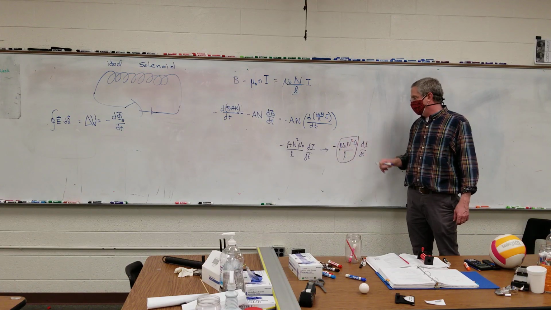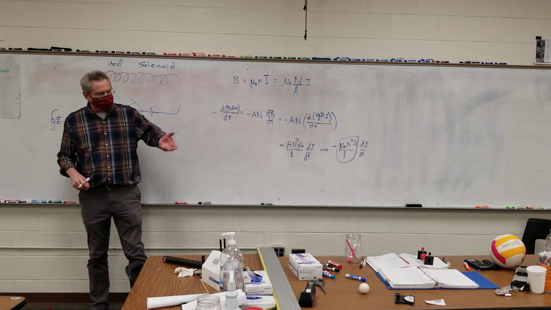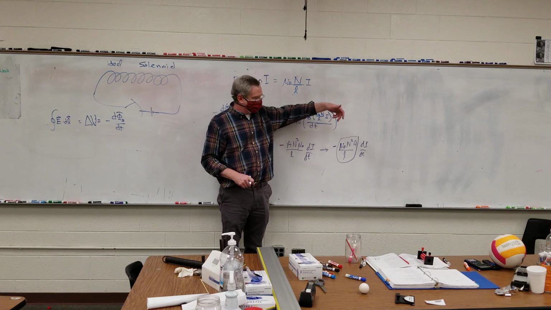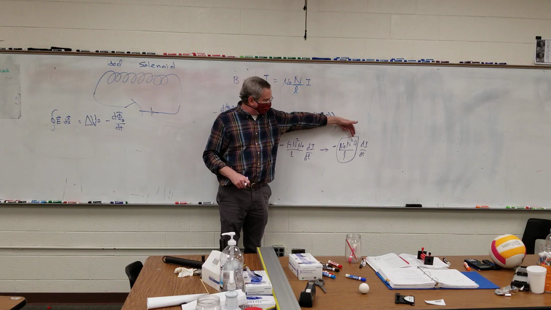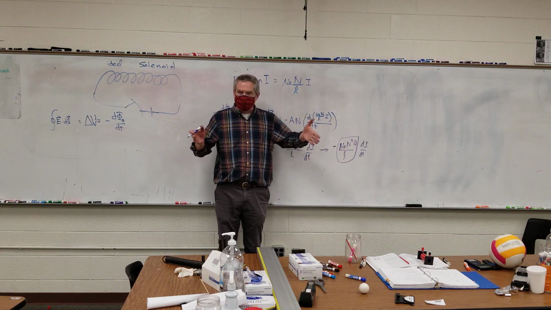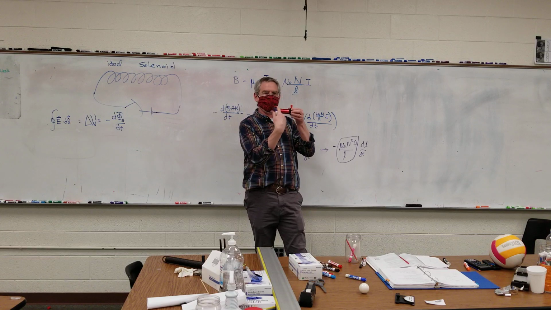This right here is dependent upon the physical geometry of the solenoid. Mu sub naught is a constant, N is the number of coils squared, A is the area of the hole, L is the length of the solenoid, the distance from end to end, so this distance right there is lowercase l.